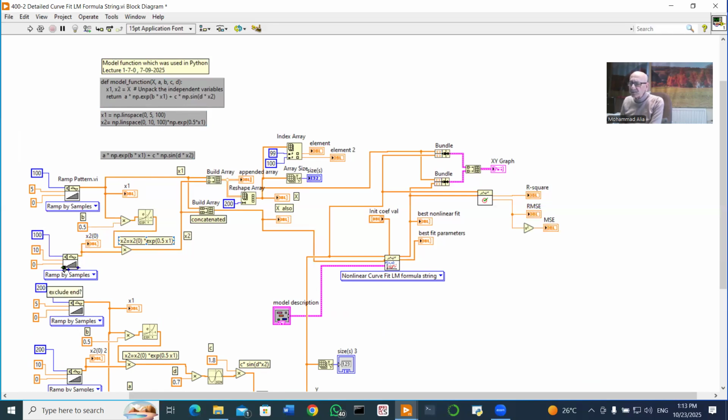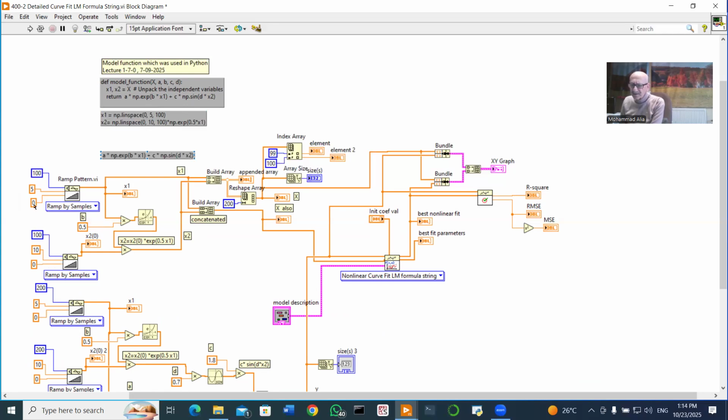Now, in order to create X2, we need to use X1 and multiply it by half and find its exponent. So this is the exponent function. It is the exponent of the product half multiplied by x1. This will be multiplied by x2 by numpy linspace between 0 and 10 with 100 samples.